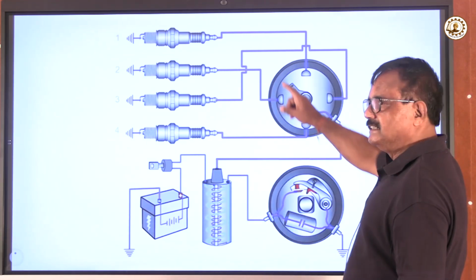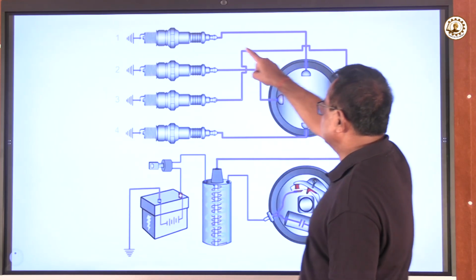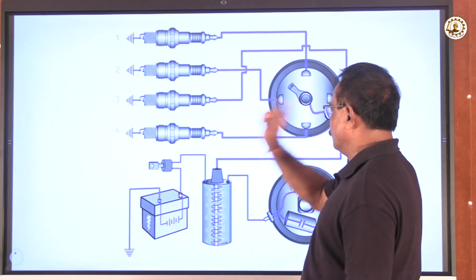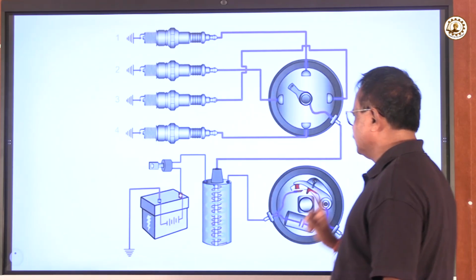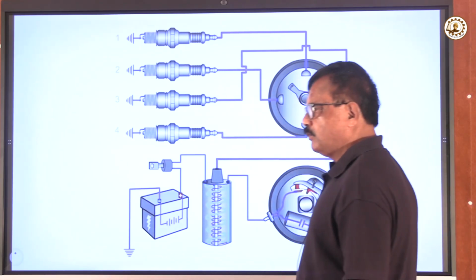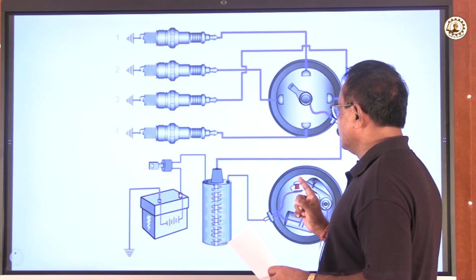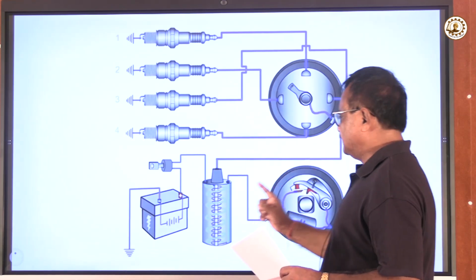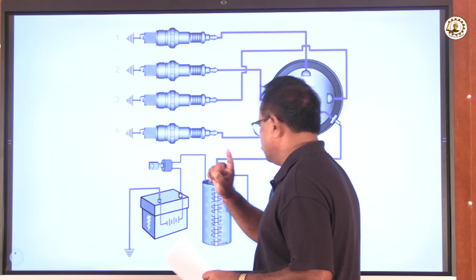Now you see, this is a 4-cylinder engine, so we need 4 spark plugs: 1, 2, 3, 4. Now what things are there? One battery. We know the battery output voltage. It is a DC battery, and the output voltage is 12 volt.